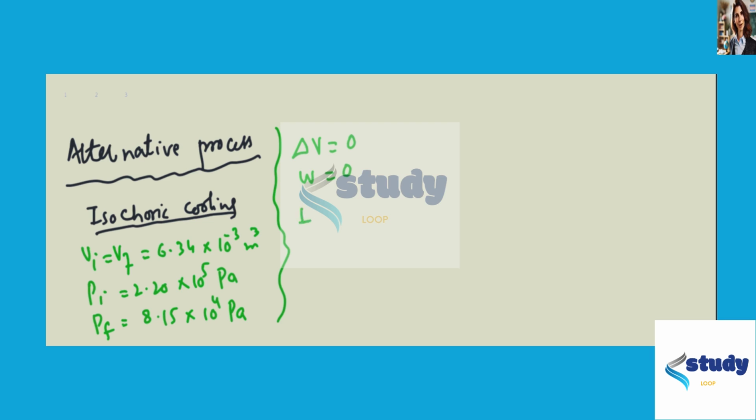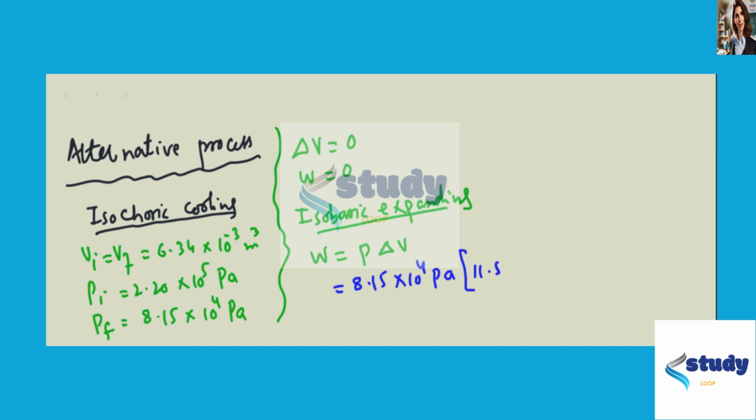Now in the isobaric expanding, we can calculate work done by the relation W equal to P into delta V. Here pressure is constant at 8.15 times 10 to the power 4 Pascal into final volume is 11.5 times 10 to the power minus 3 cubic meter minus initial volume is 6.34 times 10 to the power minus 3 cubic meter.